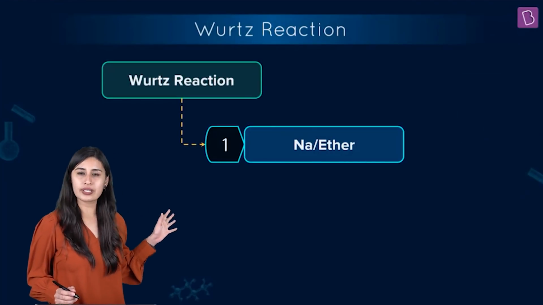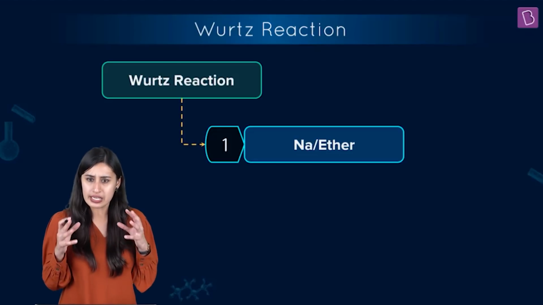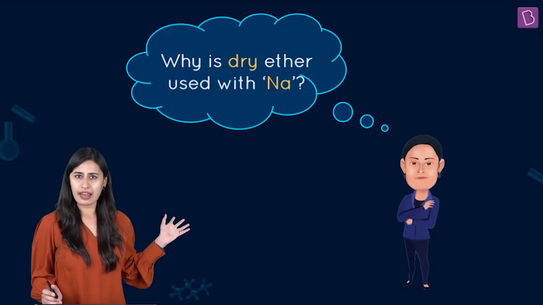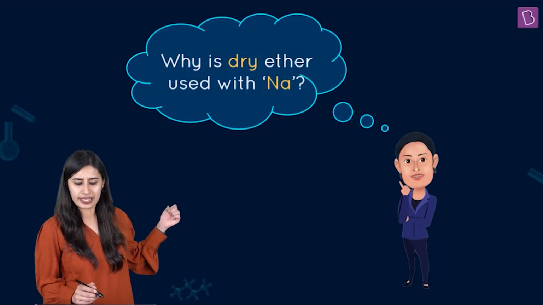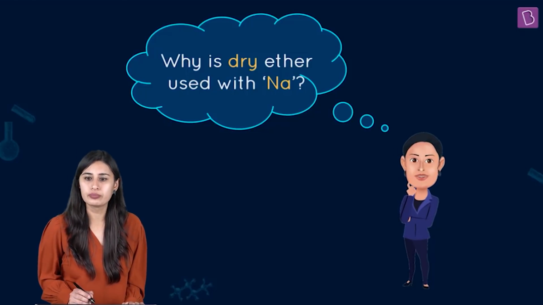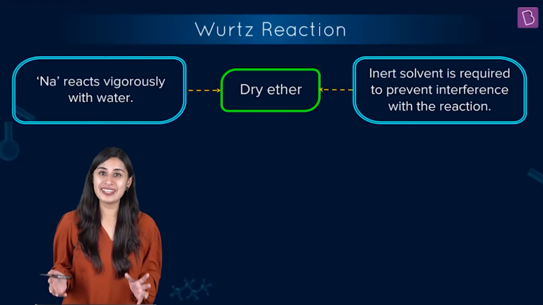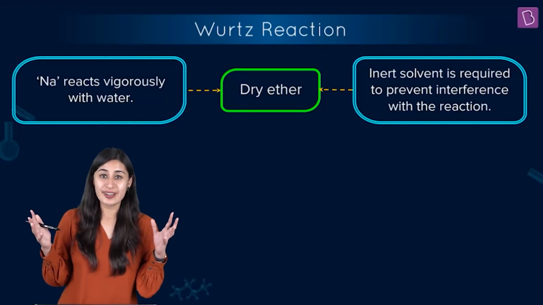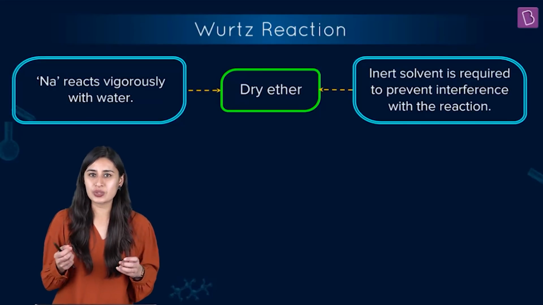When I'm talking about Wurtz reaction, yes, we take sodium along with ether, wherein ether is used for a particular reason. And when I'm saying ether, dry ether particularly. So why is dry ether used with sodium? The reason is, you know how reactive sodium is, right? A small piece of sodium may cause huge damage to the skin, to the face, to the hand.